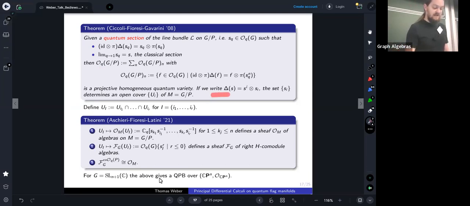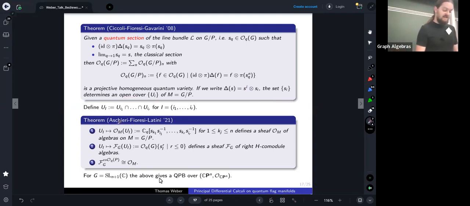Furthermore, if you take the classical section S, you can write the co-product of this classical section in a certain way. You have a finite sum here. You take the set of elements here, and they magically give you an open cover of the quotient space.